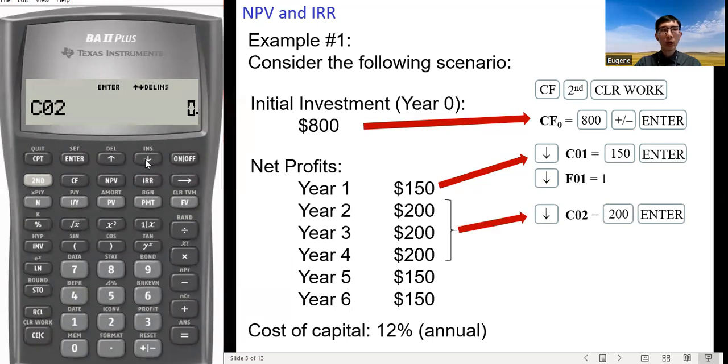So we enter 200 for C02. And then enter 3 for F02. Not to forget to press the enter key after entering the value for the variables C02 and F02.